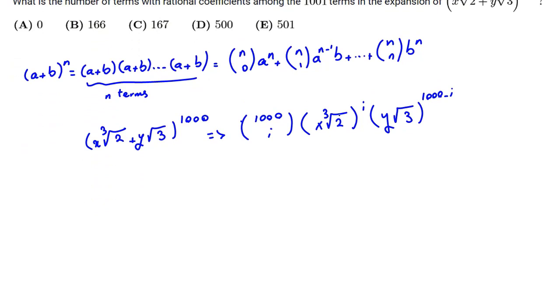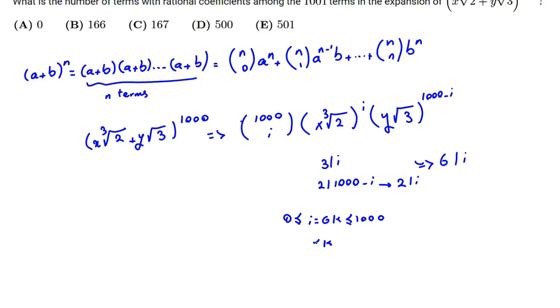Now I know that i should be a multiple of 3, so 3 should divide i, and 1000 minus i also should be a multiple of 2. So 2 divides 1000 minus i, so 2 divides i, because 1000 is even, so we conclude that 6 divides i. So i is 6k, and this 6k should be between 0 and 1000.